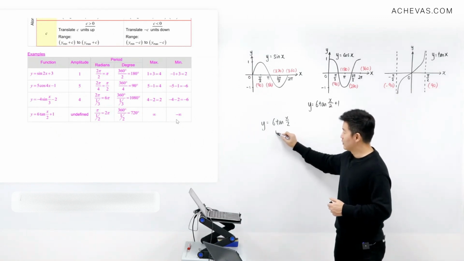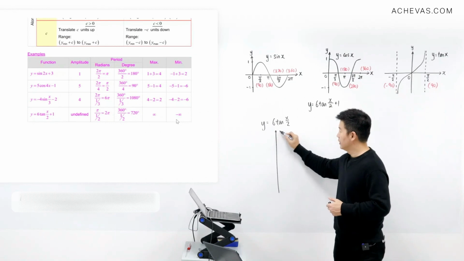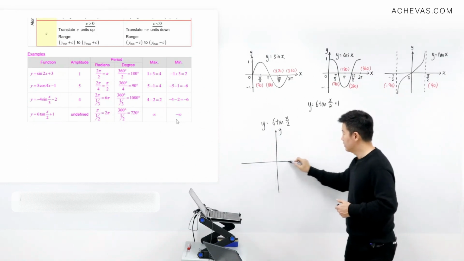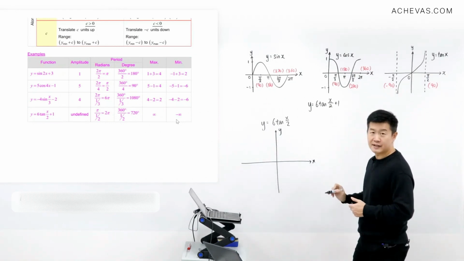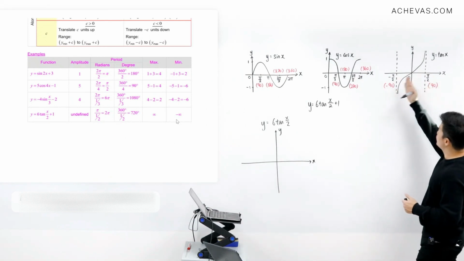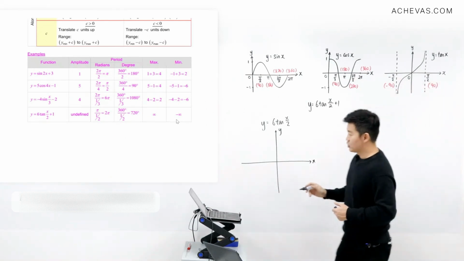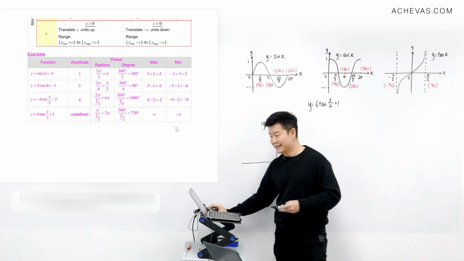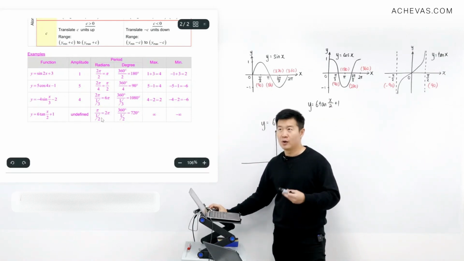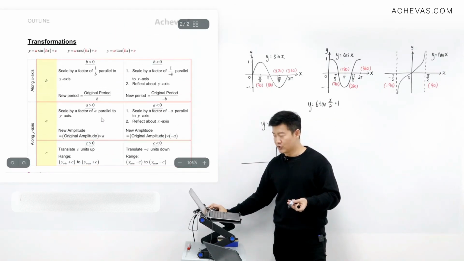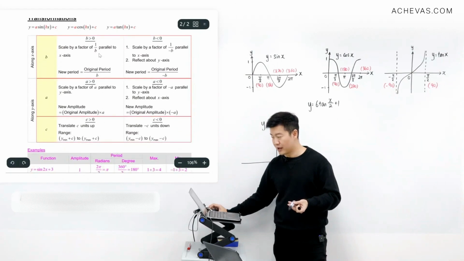I'm going to sketch this graph, the y-axis, the x-axis, and I'm going to sketch in the 2 vertical asymptotes first. So the vertical asymptote is going to be scaled by 1 over 2. So it's going to be scaled by 2, like what we have written down here.